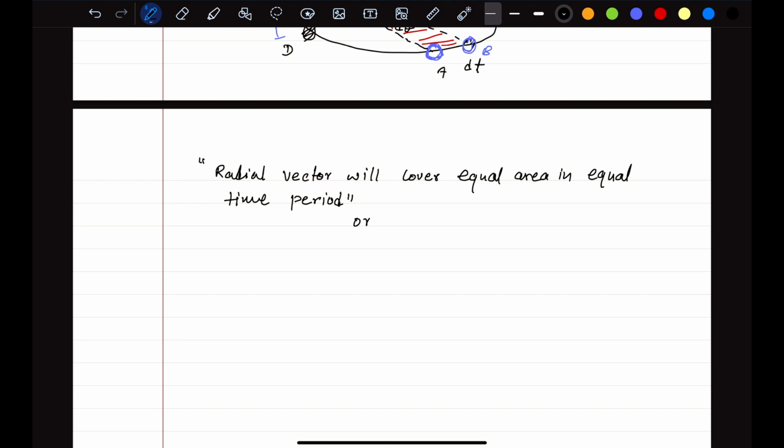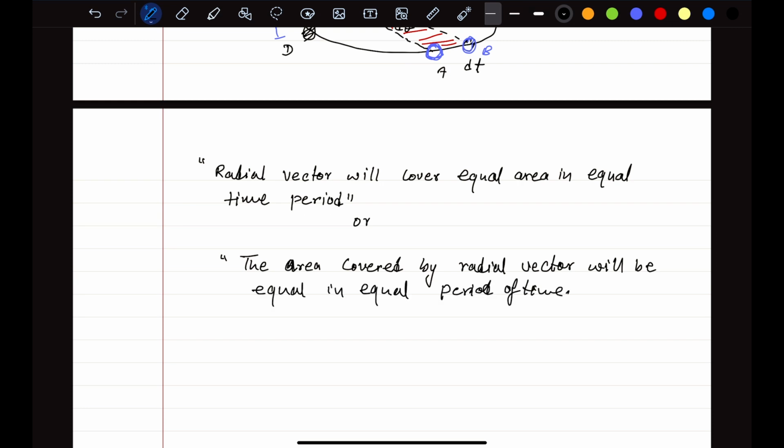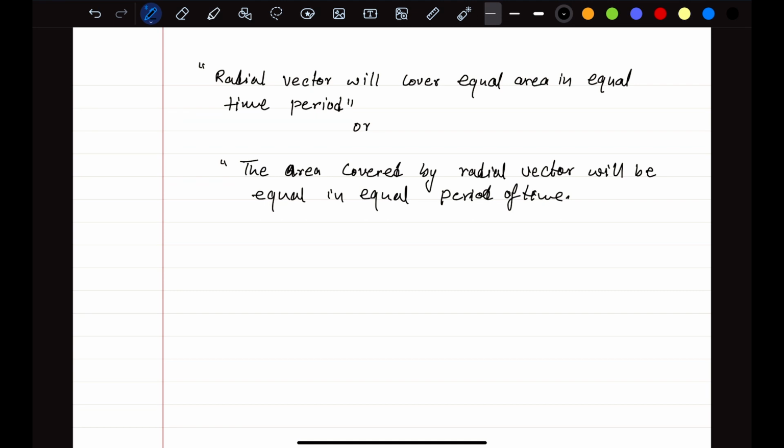This is how we can say it in another way, and if I want to state it mathematically, I can say that dA by dt, the rate of area covered, is constant throughout the time period of the motion of the planet. This is our second law.